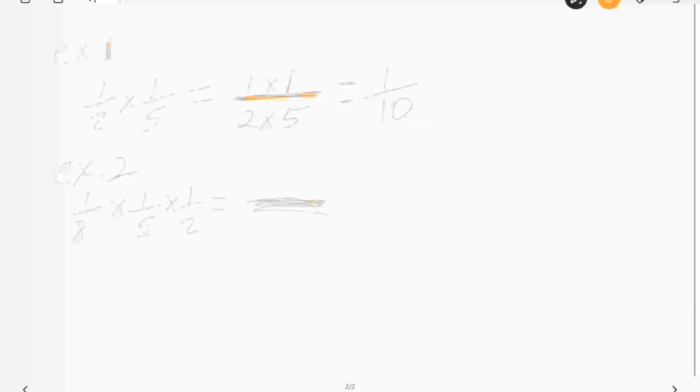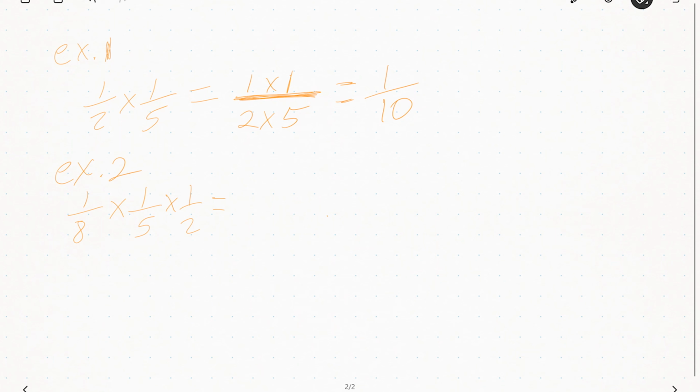In this case, 1 times 1 times 1, and for the denominator, we multiply all the denominators together. 8 times 5 times 2. Our final result is 1 divided by 80.